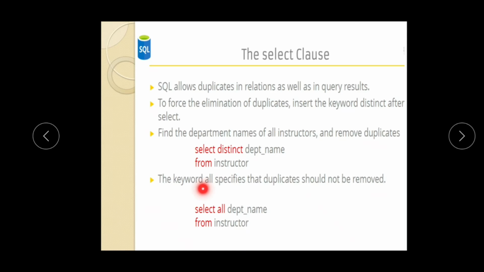So select all department name from instructor displays the duplicate values also. Instead of that, we can just write select department name from instructor. That also displays all the values, including the duplicates.